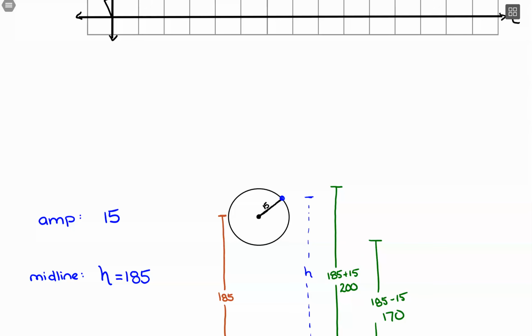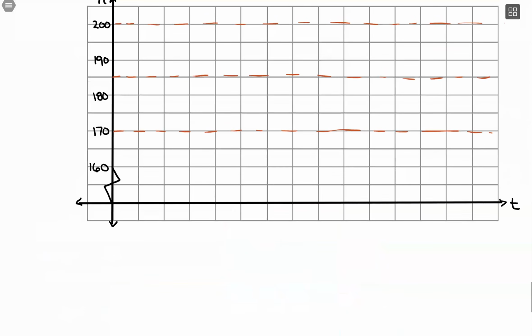Alright, so basically we can start time wherever we want to. It makes most sense to start the clock at the top, just to start at 0. So what I'm going to do is have my clock start here, which means I'm going to start at the maximum height. So let's see, for t, let's just track some minutes here.